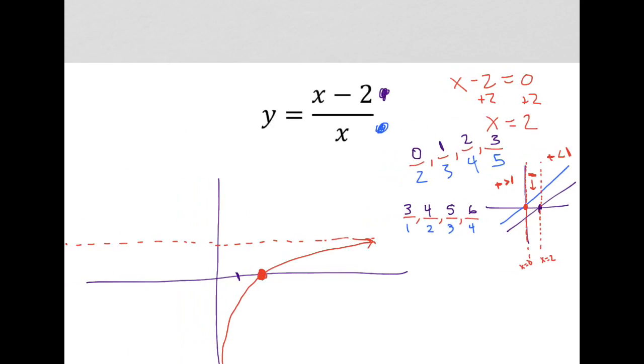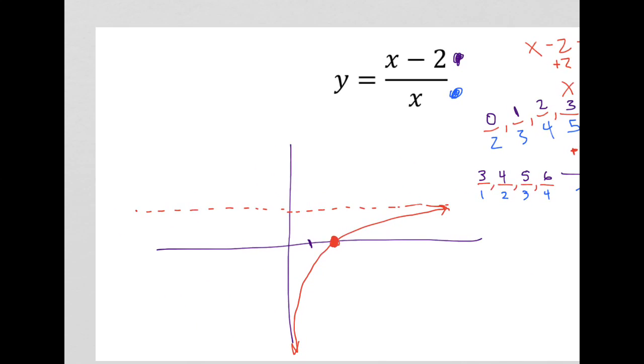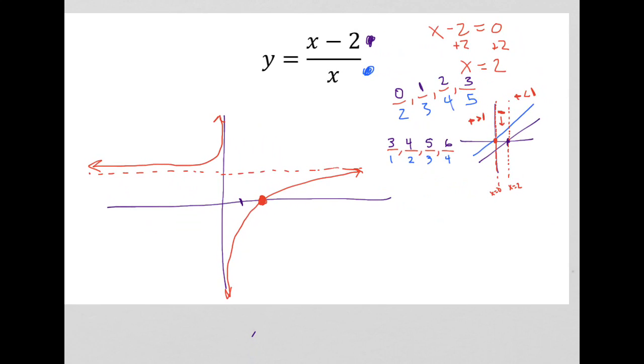So again, I know I'm going to level out towards that asymptote of y equals 1, but on the left side I am always greater than 1, so I'm on the other side of the branch. So I know that my graph is going to have to look something like this, with that 0 at x equals 2, a vertical asymptote at x equals 0, and a horizontal asymptote at y equals 1.